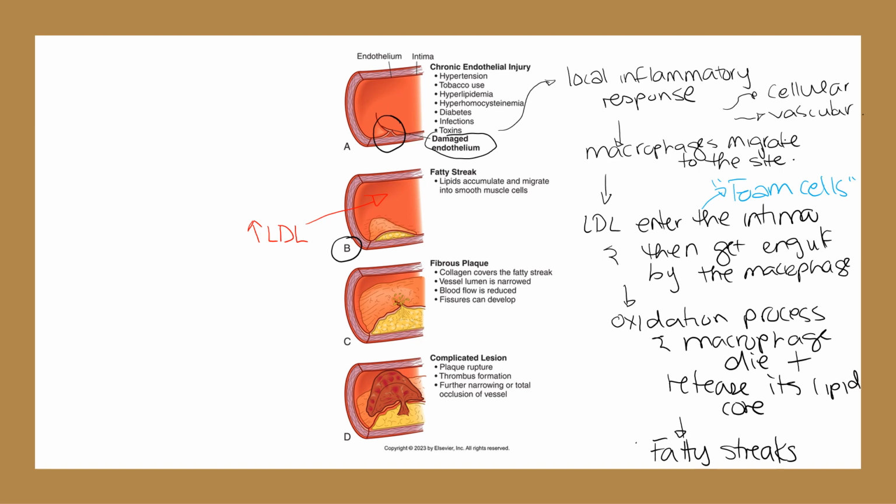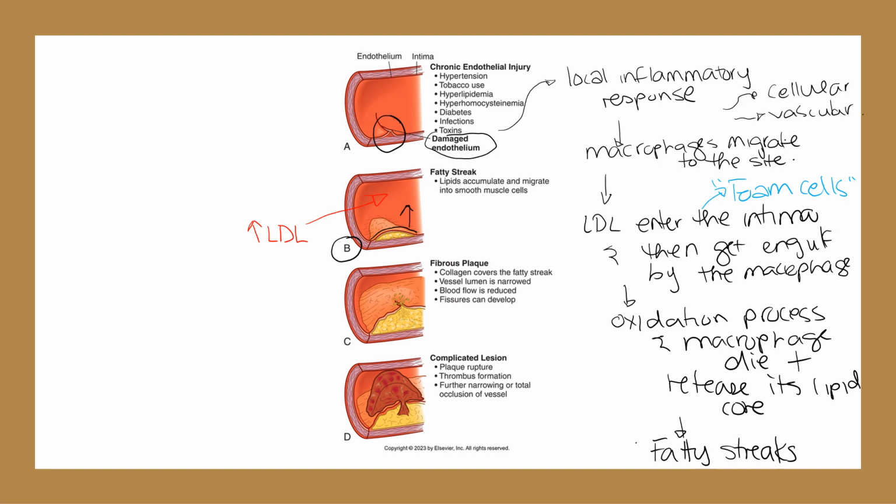Now, once you have a fatty streak being formed, you can see that's an elevation. Initially, it doesn't really progress or create an obstruction to the lumen of the coronary artery. But again, it's a damage. And if you recall from inflammation in your previous course, once there is inflammation, there's going to be healing.